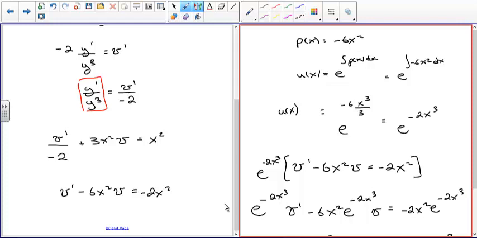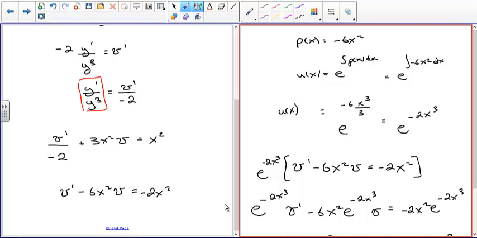So we know how to solve first order linear differential equations. It's by using the integrating factor. We take the coefficient in front of v, which is p of x, and the integrating factor is equal to e to the integral of p of x dx. So we integrate whatever this thing is. That's the exponent. Again, because there's no natural log involved, you just end up with e to something.